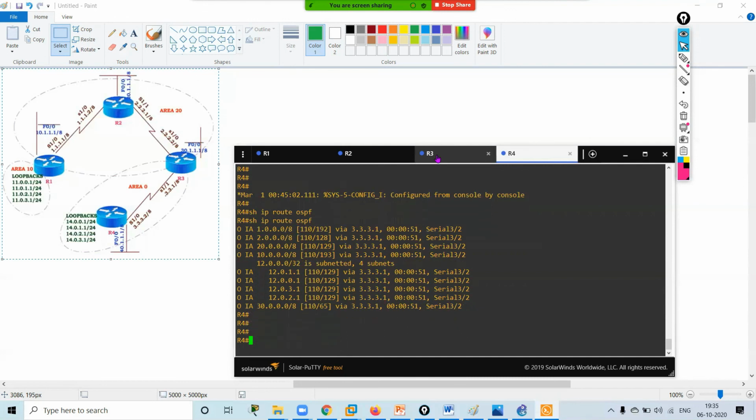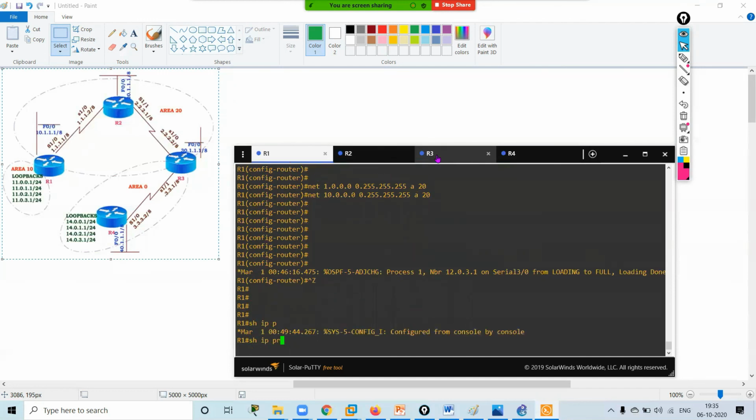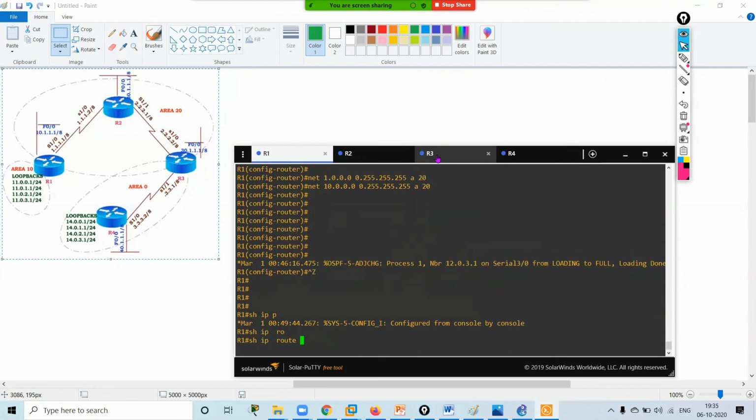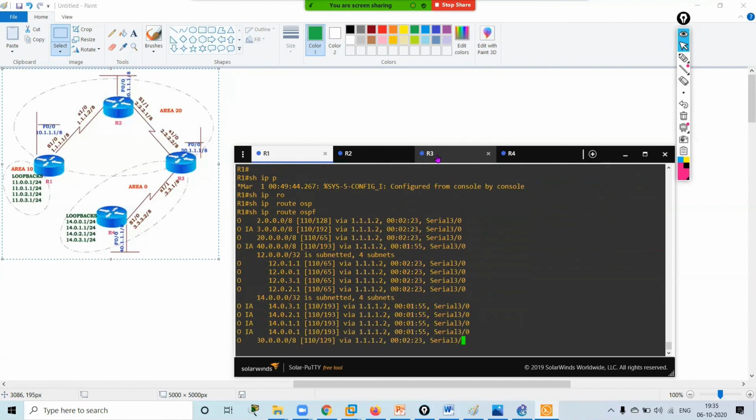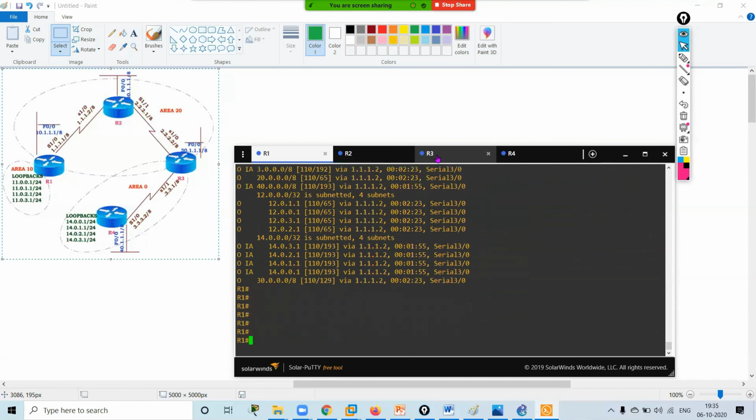So first of all, we need to go on the border router and see show IP protocol. So if I see show IP route OSPF over here, I am getting the routes, but I am not getting the 11 dot network over here also.